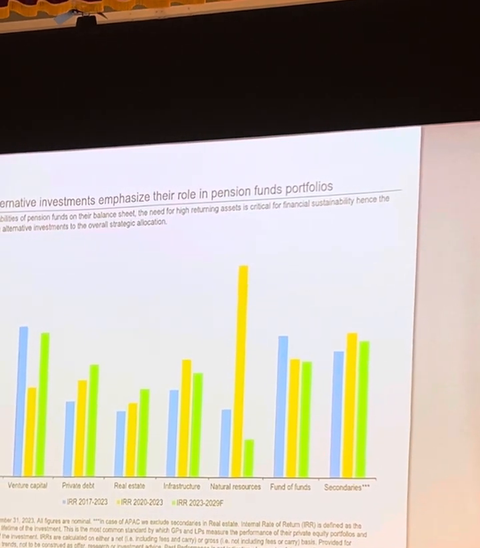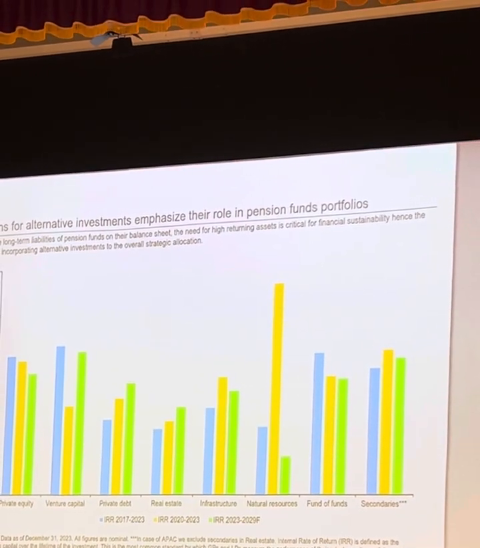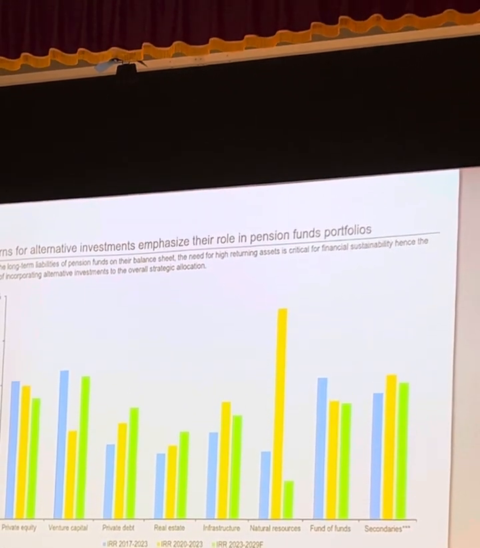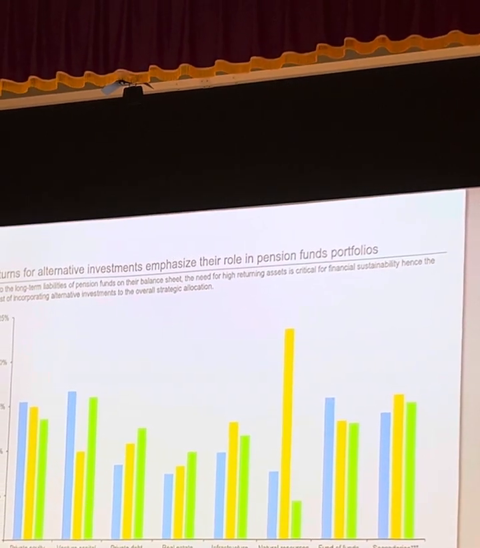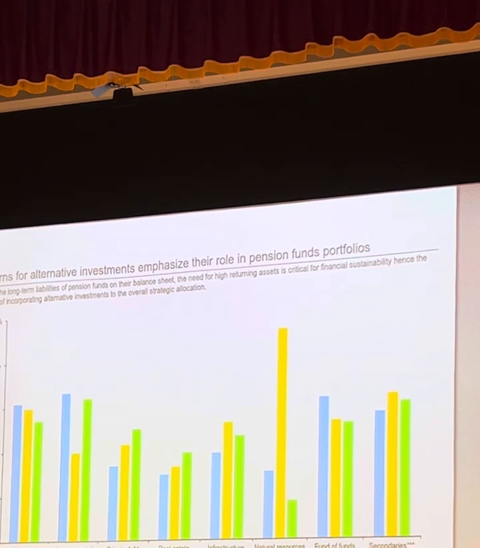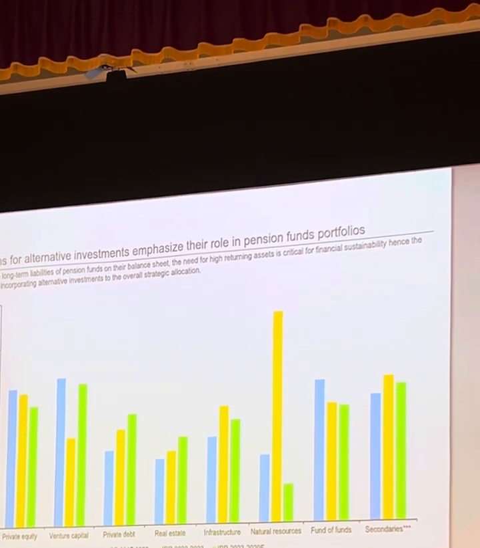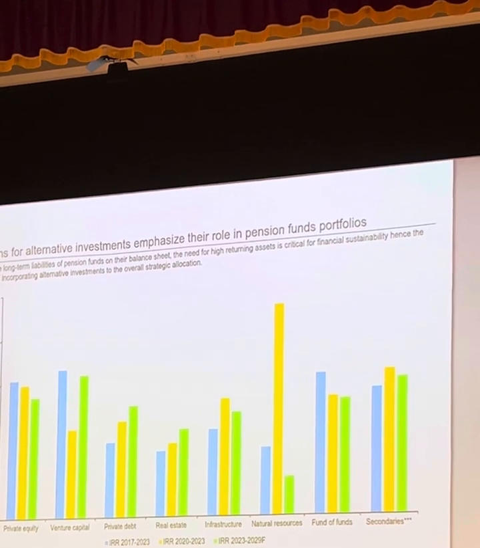For example, private equity in the US pension funds has generated about 15% over a 10-year period of time. And when pensions are thinking about their strategic allocations, private investments, alternative investments continue to be an important aspect of that conversation. And this helps pensions find additional ways to generate returns in their portfolio.